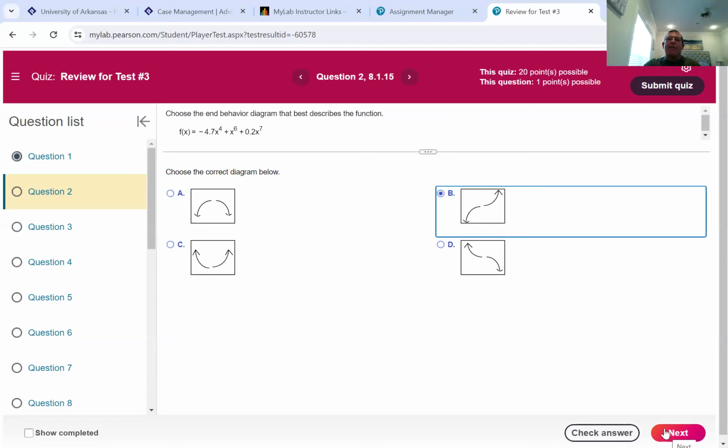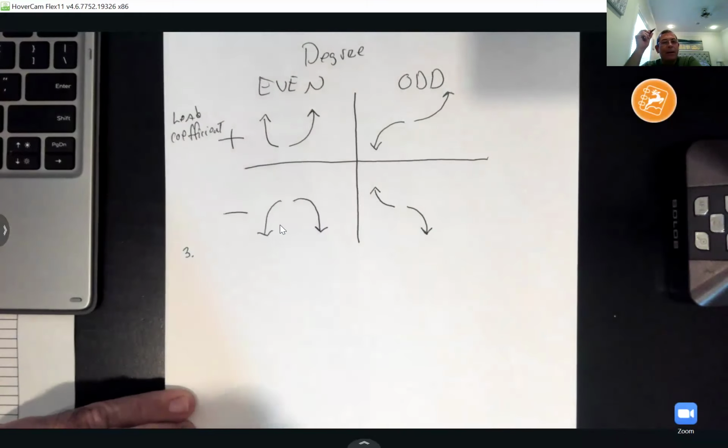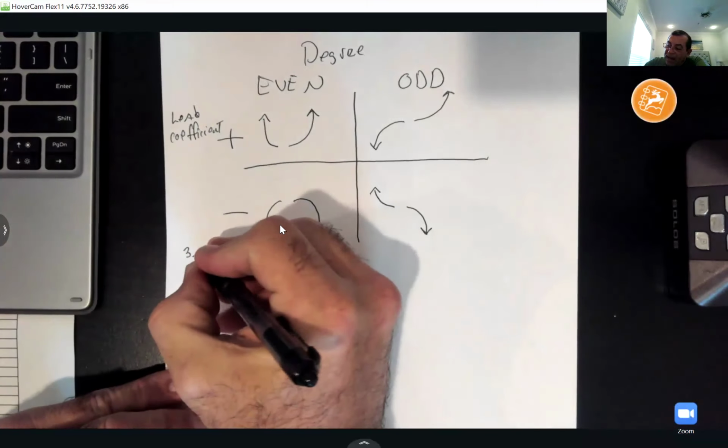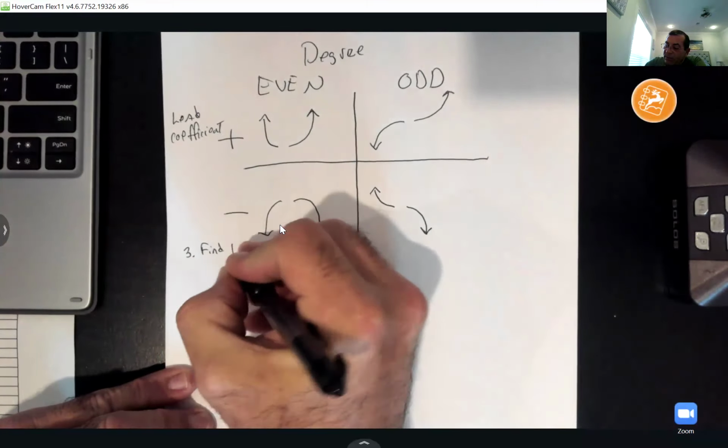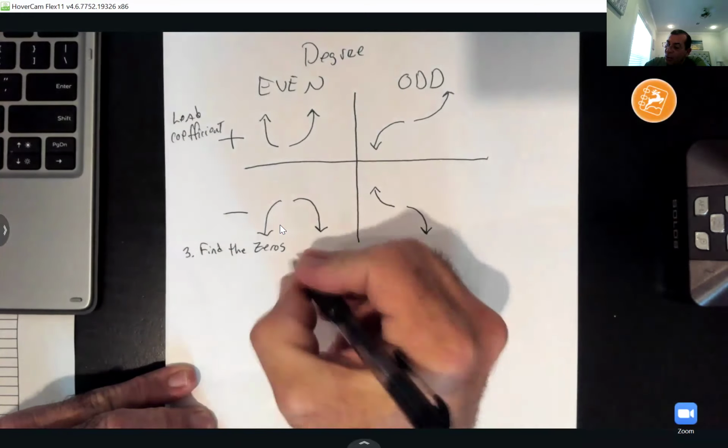All right, so now the next few I'm going to do on paper. So let's play with number 3 here. Number 3 wants us to find the zeros and multiplicity.